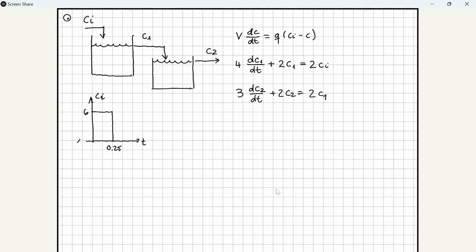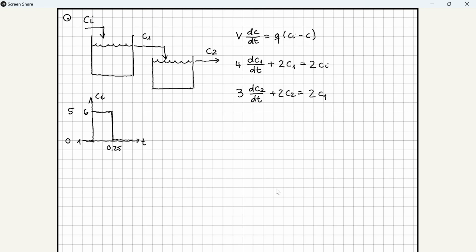So the initial value is 1, and then it goes up from 1 for a short period of time to 6. So I know it's a little bit difficult to understand, but to make it mathematically easier, I'm going to assume that it goes from 0 to 5. And later on, we will just change it from 1 to 6 by adding the base concentration of 1 to the overall result.